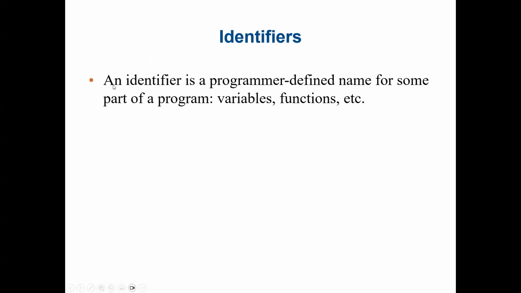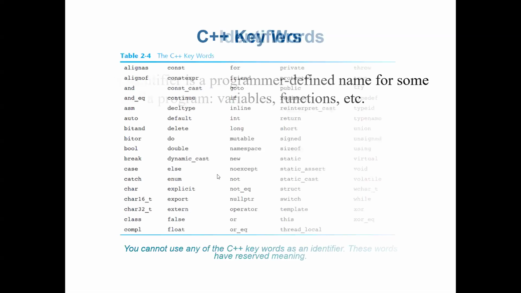Now, there's a rule that we have to follow in order to name an identifier. For example, one of the rules says that we cannot start with a digit. And also, we cannot use any special character except some characters. We can use digits, and we can use uppercase and lowercase characters. Again, we shall go through that in our future lectures.